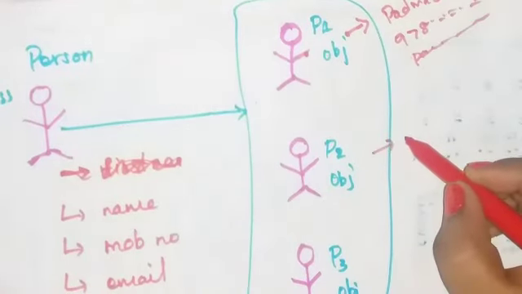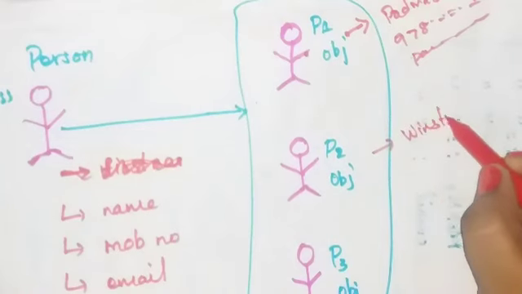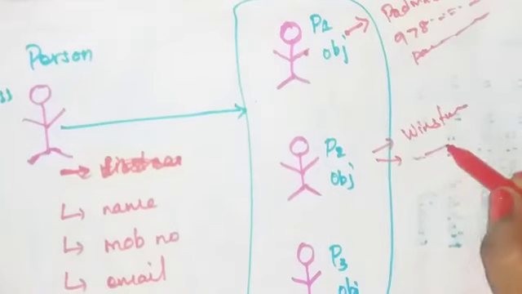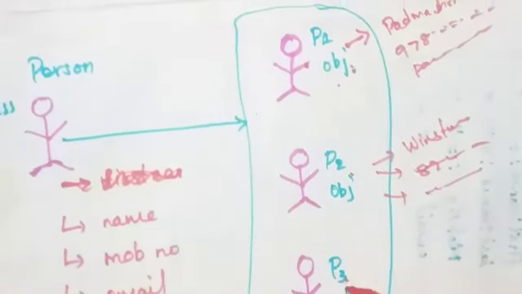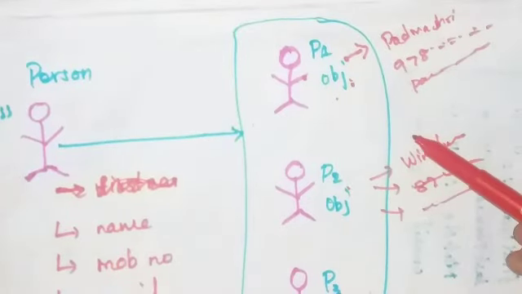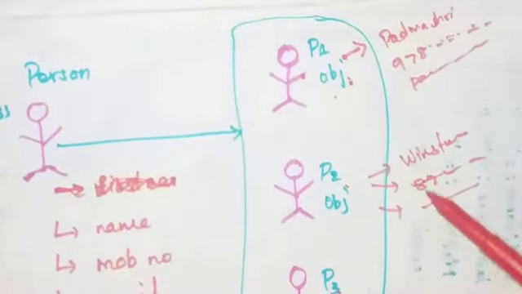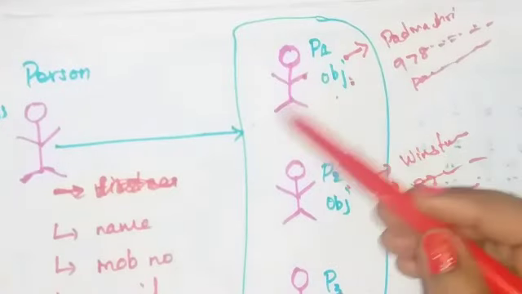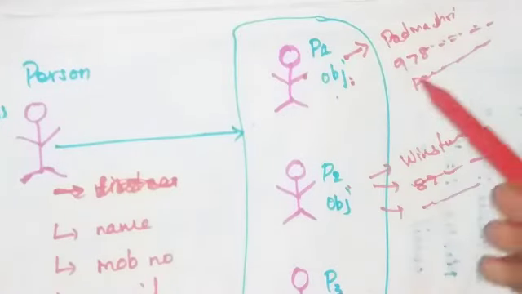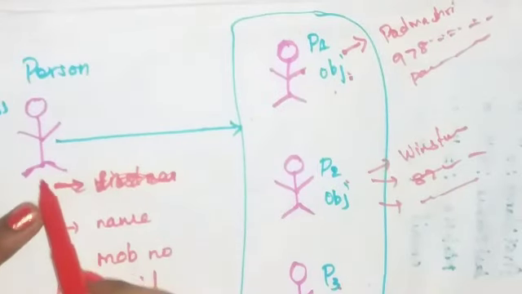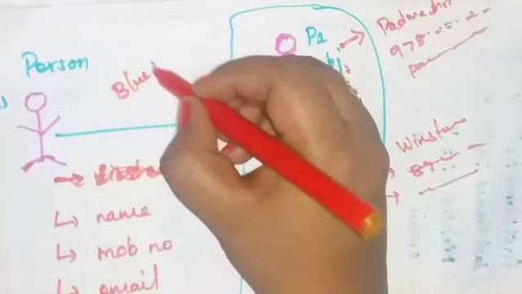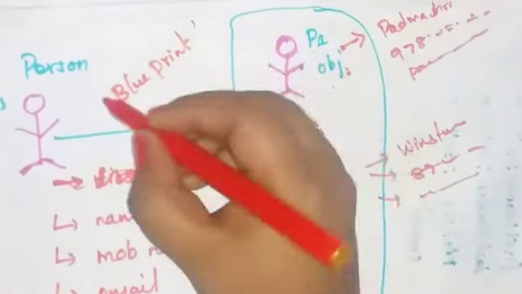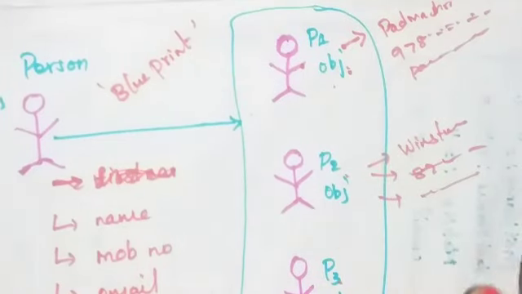The name of person two is Winston, and mobile number is 87, with his mail ID. Each object has a different name, different mobile number and different email ID. So each object has its own attributes, its own data members. But the class has common specifications, common data members. So this class is called the blueprint of objects. This is the difference between class and objects.